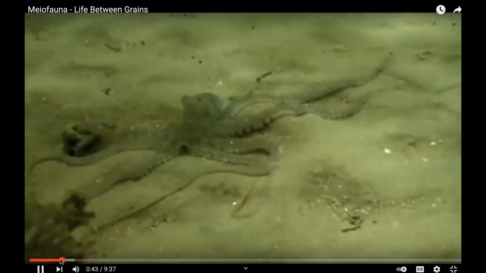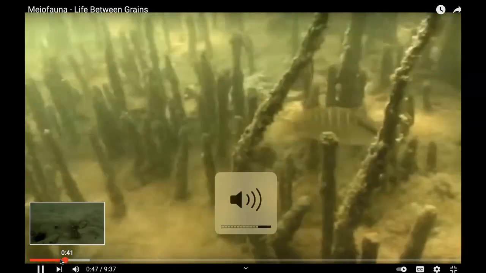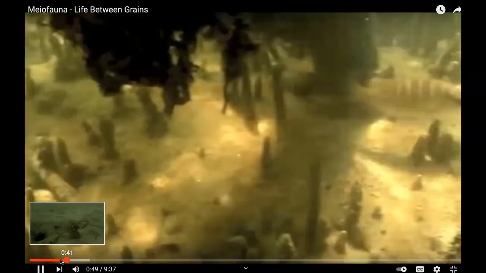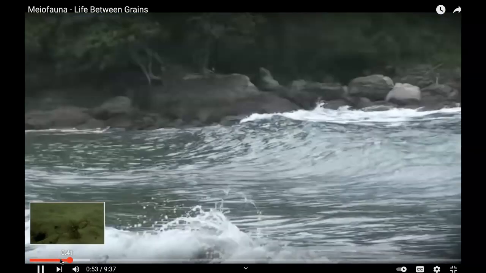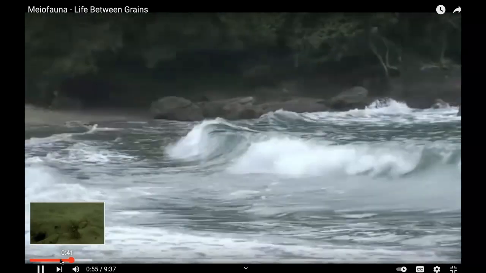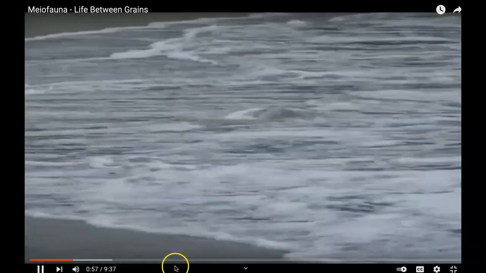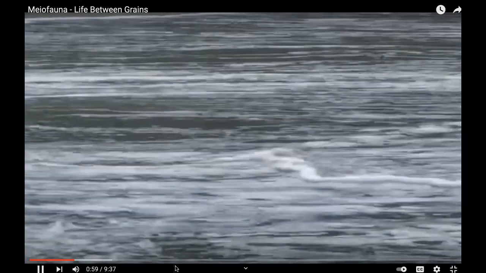More than 70% of the Earth's surface is covered by the oceans. About 90% of the ocean floor is made of sediments, which include grains of mud, sand, and gravel, which are constantly moved by the action of currents, tides, and waves.